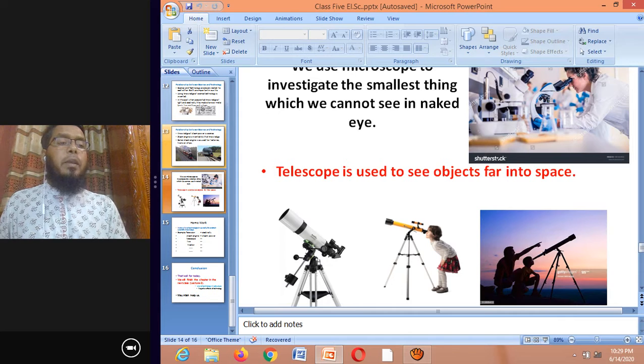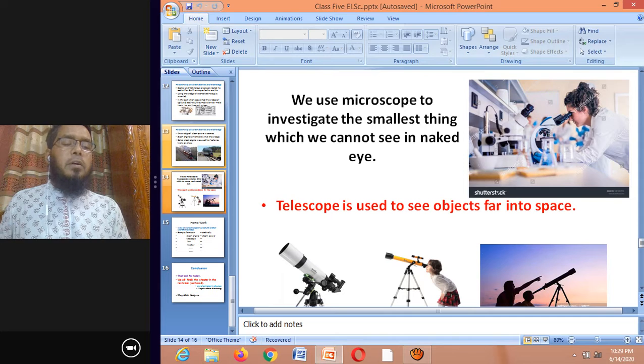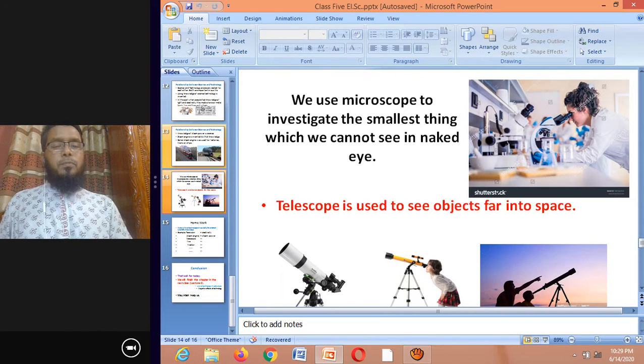In the picture we can see some important things people are known to. On the right side, in the upper corner, you can see a microscope. We use a microscope to investigate the smallest things which we cannot see with the naked eye.